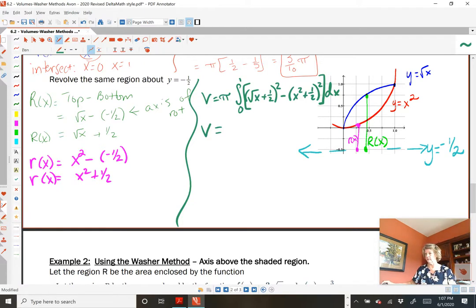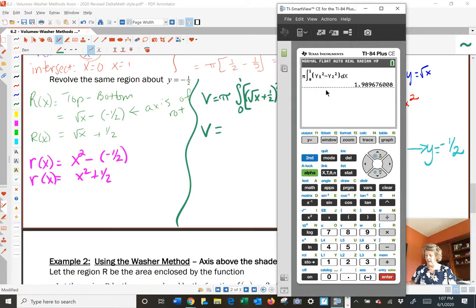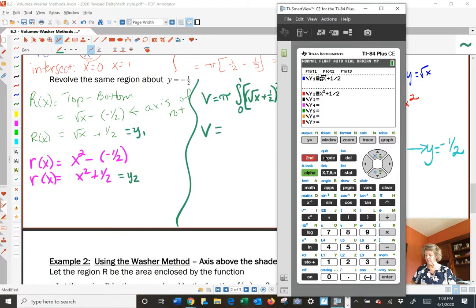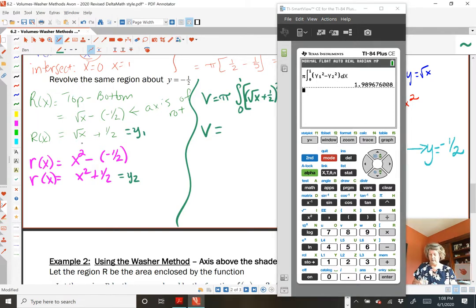Let me bring up my calculator. And what I would suggest is putting your functions in. I'm going to make this my y1 function, and this my y2 function, so that then I can go to my home screen and set the integral in there, noting that y1 gets squared and y2 gets squared.